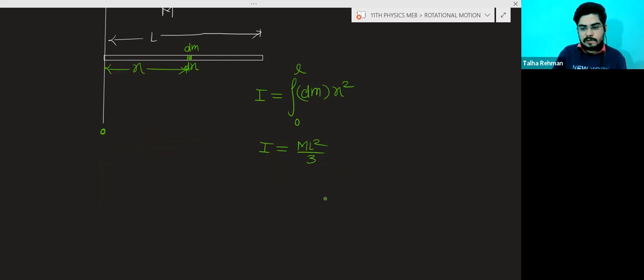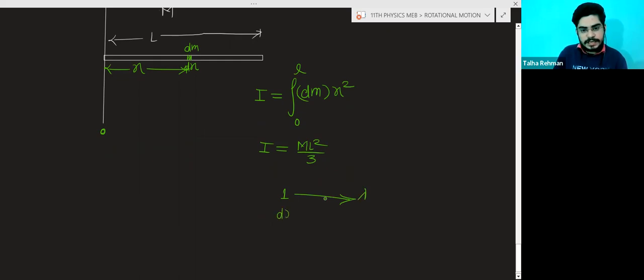For that you have to define lambda: for unit length, the mass is lambda. For dx length, the mass will be dx into lambda. So dm is equal to dx into lambda.